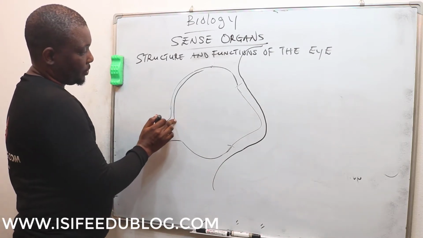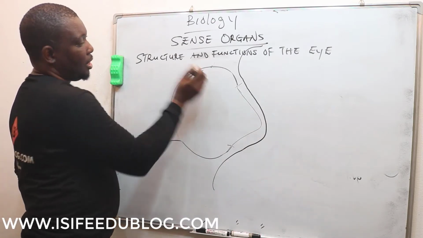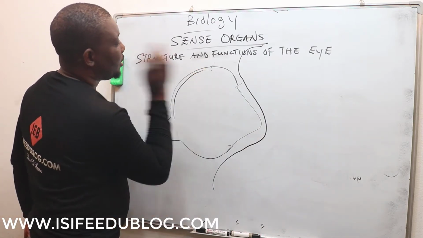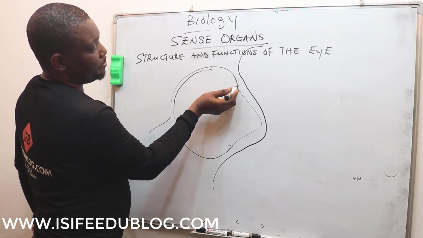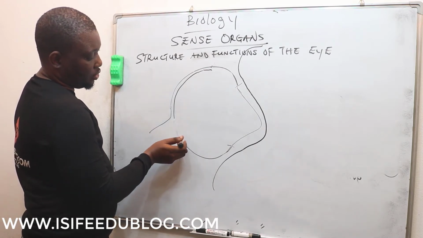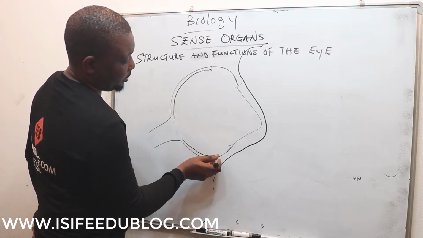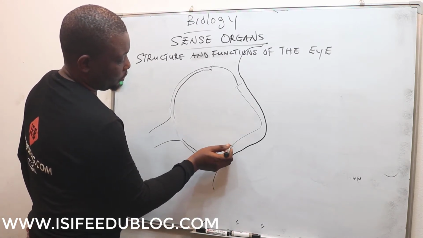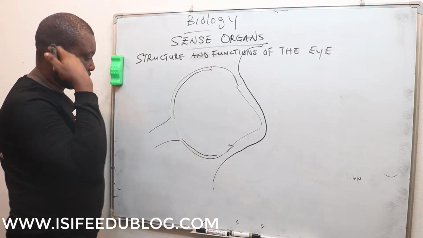And then the choroid can pass through and stop somewhere short of the last part of the sclera. And here the same thing, the choroid can start here and end short of the end part of the sclera. I will tell you why as I explain.